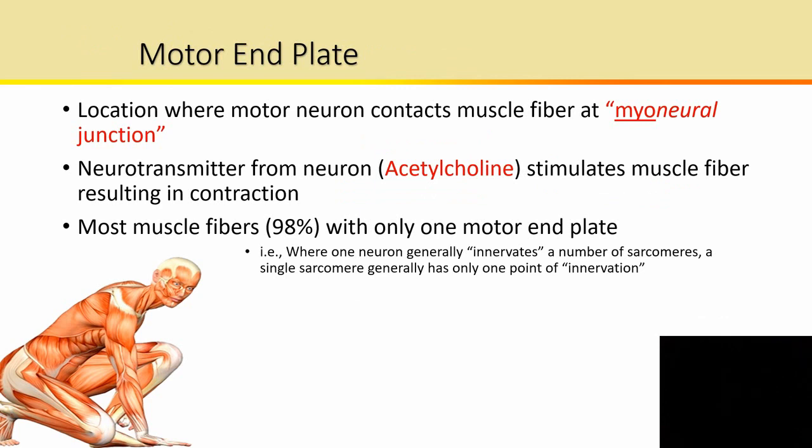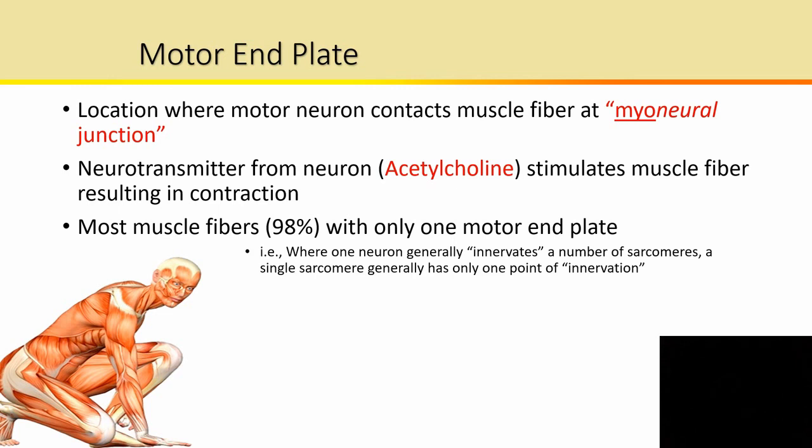Now, again, I mentioned that the area where that motor neuron contacts the muscle is called the myoneural junction, or motor end plate. Myo, muscle, neuro, nerve, junction. And that neurotransmitter we see is called acetylcholine, which stimulates the muscle fiber to contract. Most muscle fibers have only one motor end plate.